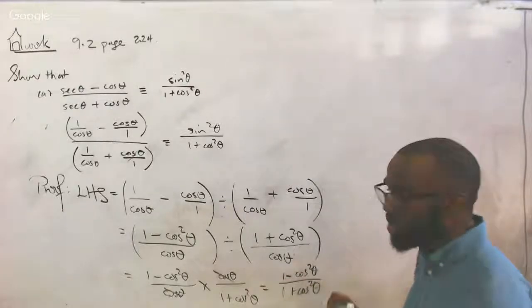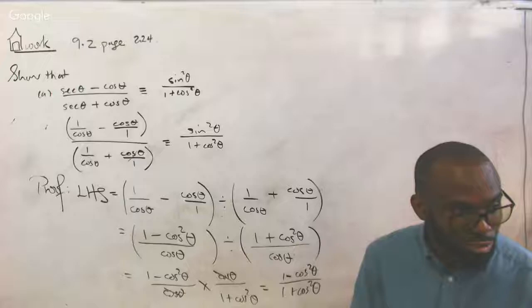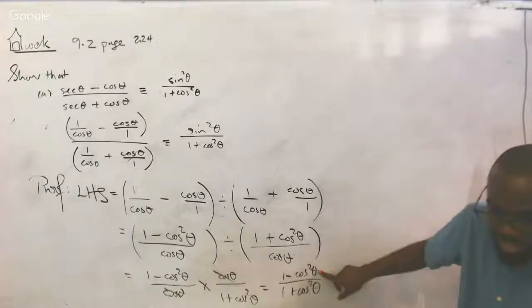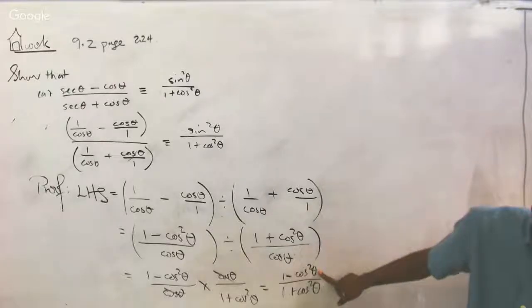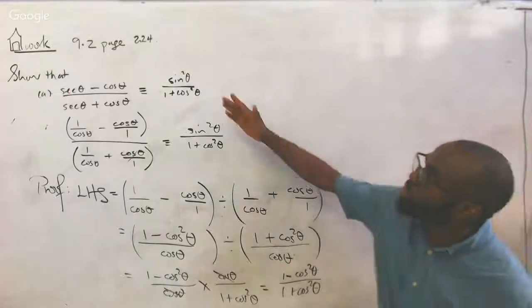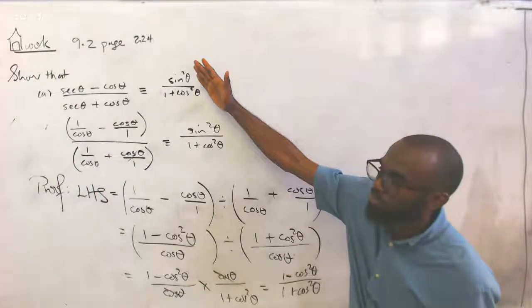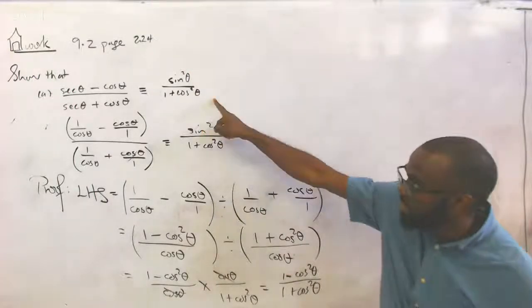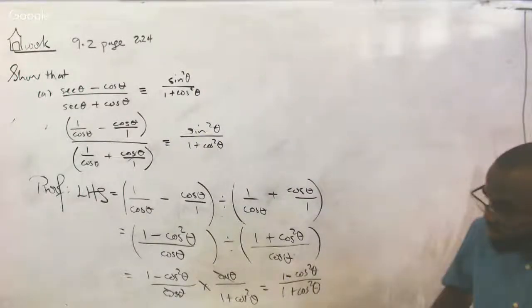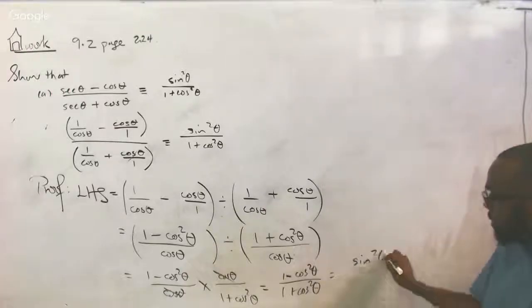And then this is where some of us would have really been stuck. But then it's two ways. You either recognize that this was the identity, or you said, well, how far am I from the truth? This is what I'm working towards, and I realize that the denominator is the same thing. So even if you never know what to do, it's obvious that this must be equal to sine squared theta.